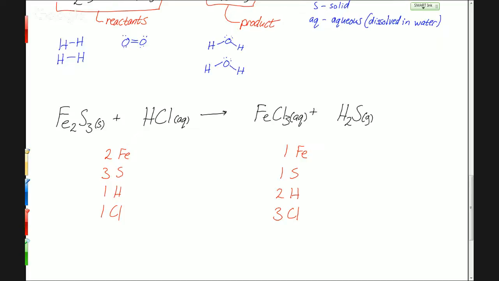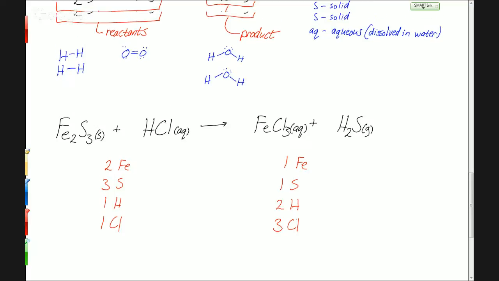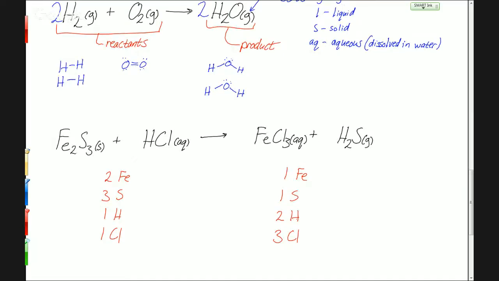Okay, so we got 2 Fe's on the left and 1 on the right. How can we make them equal? Yeah, we need the one on the right to be 2 instead of 1. But whenever you put that 2 in front, you change everything in that molecule, so you've got to correct your inventory underneath.